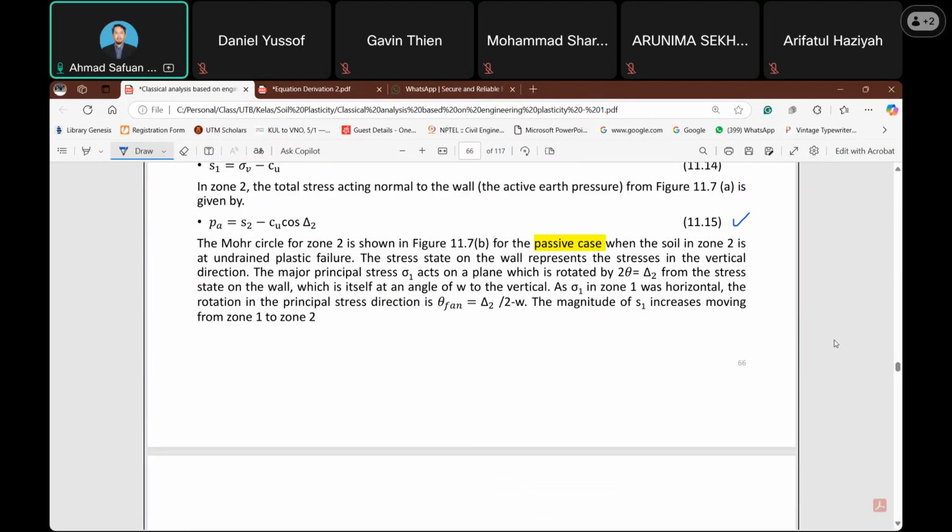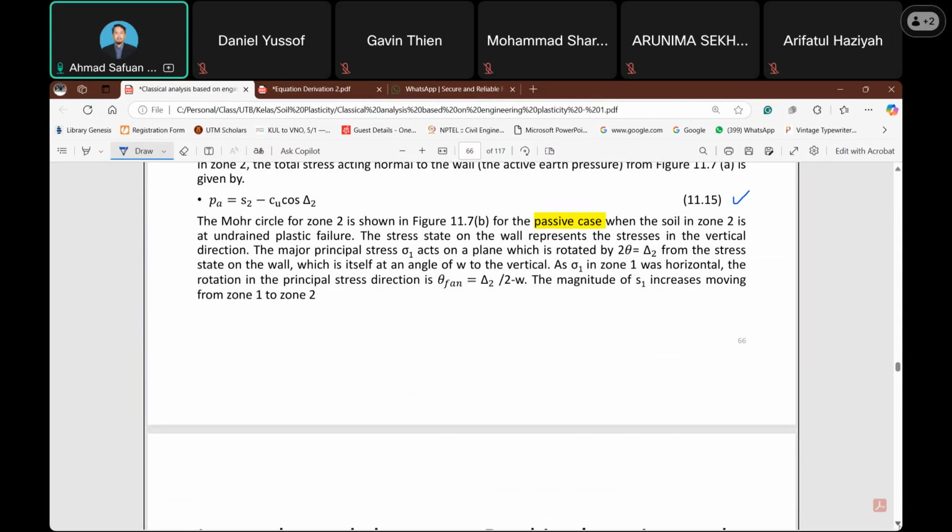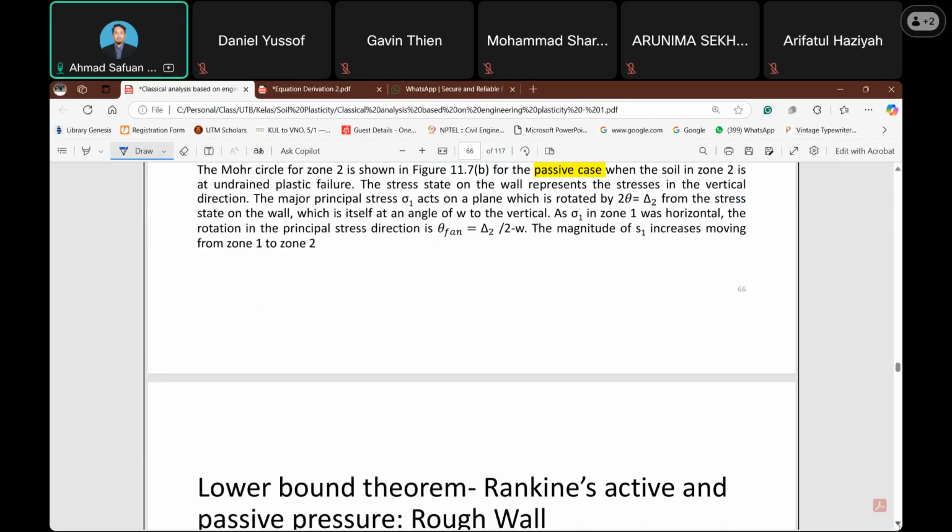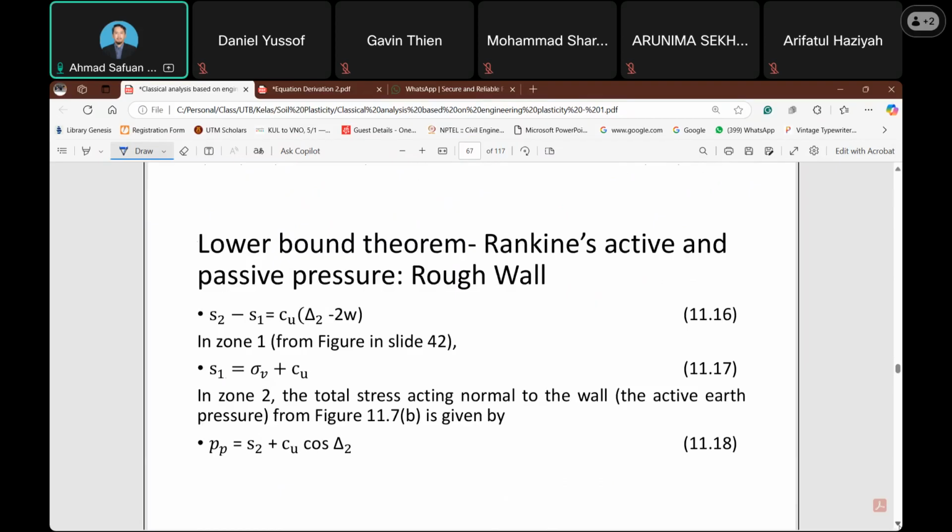The magnitude of sigma 1 increases moving from zone 1 to zone 2. So then the Cu is delta 2 minus 2w.